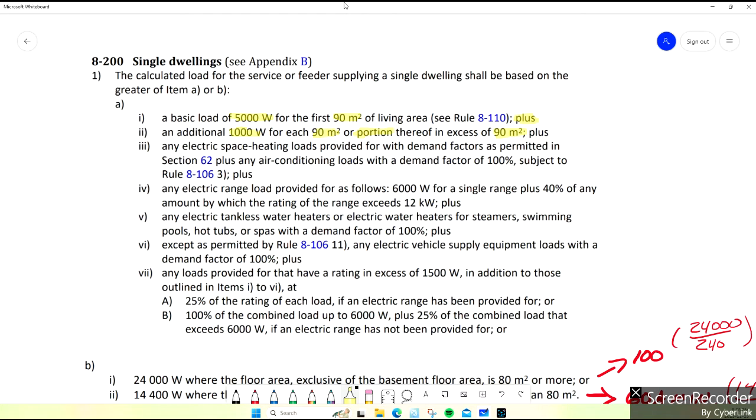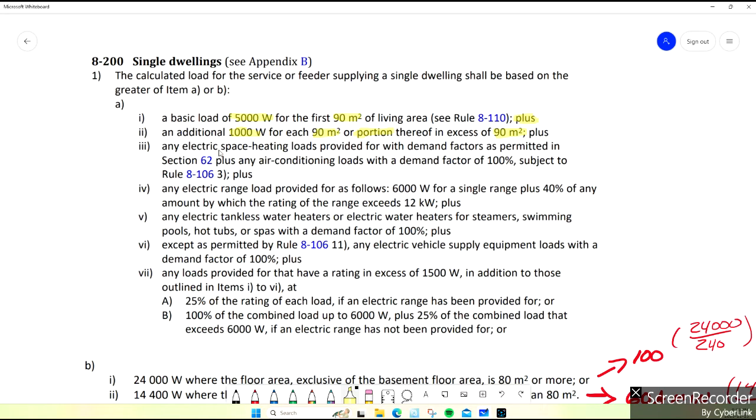Okay, next one down, item 3 here. Any electric space heating loads provided for with demand factors as permitted in section 62, plus any air conditioning loads with the demand factor of 100%, subject to 8-1063. So let's pause there. Let's look at what this is all saying.